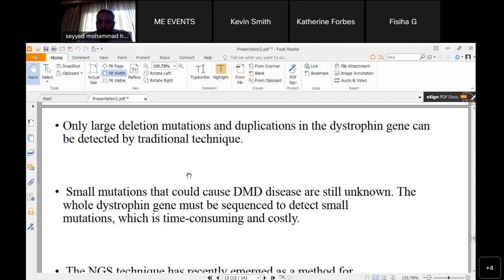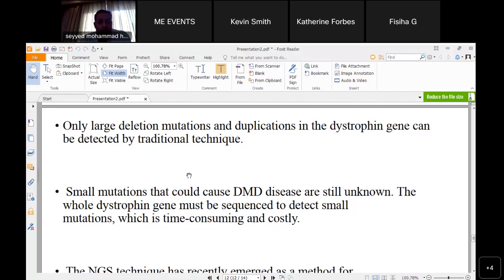The traditional methods that we use for diagnosis of Duchenne muscular dystrophy can only detect large mutations, but the small mutations that cause Duchenne muscular dystrophy are still unknown.